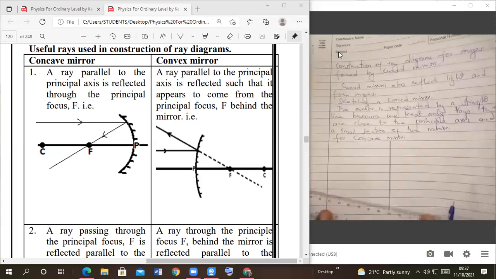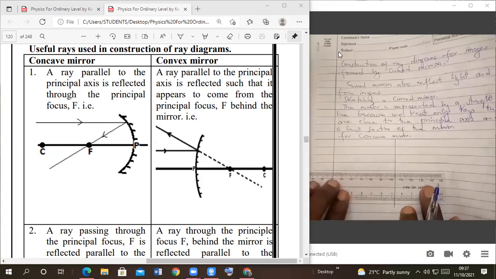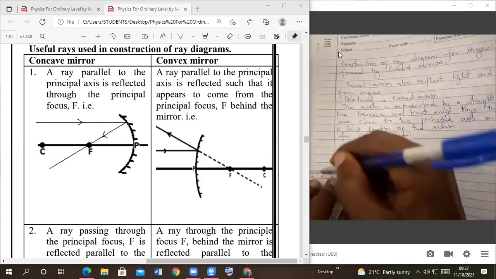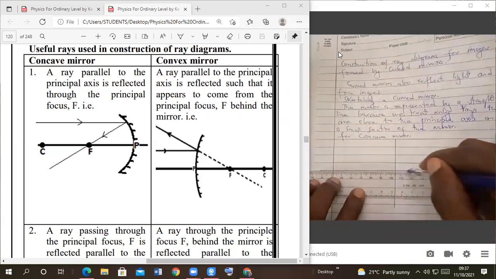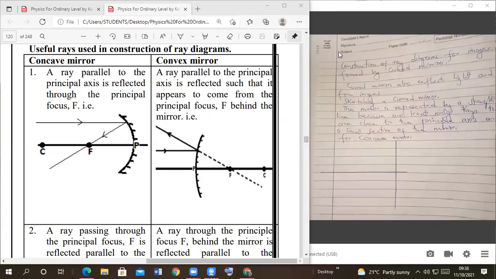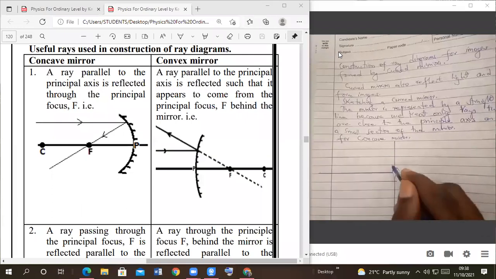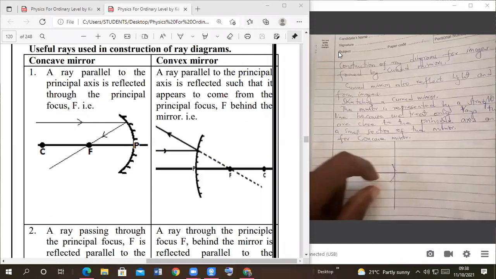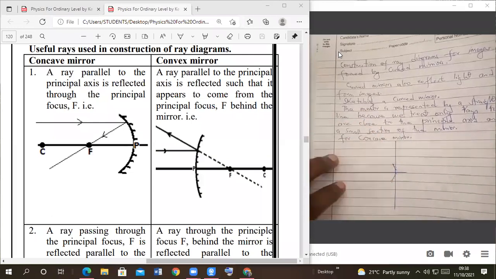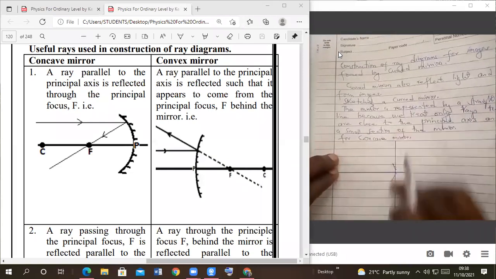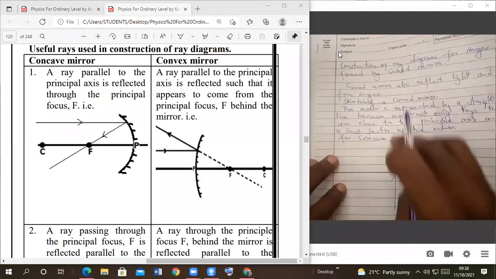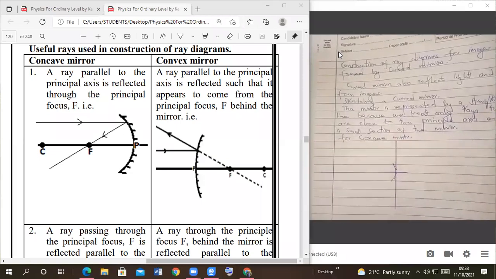Are we together? Yes, teacher. All this line is representing a mirror. But to show which type of mirror you are talking about, you draw a small curve here. We know that this is our concave.